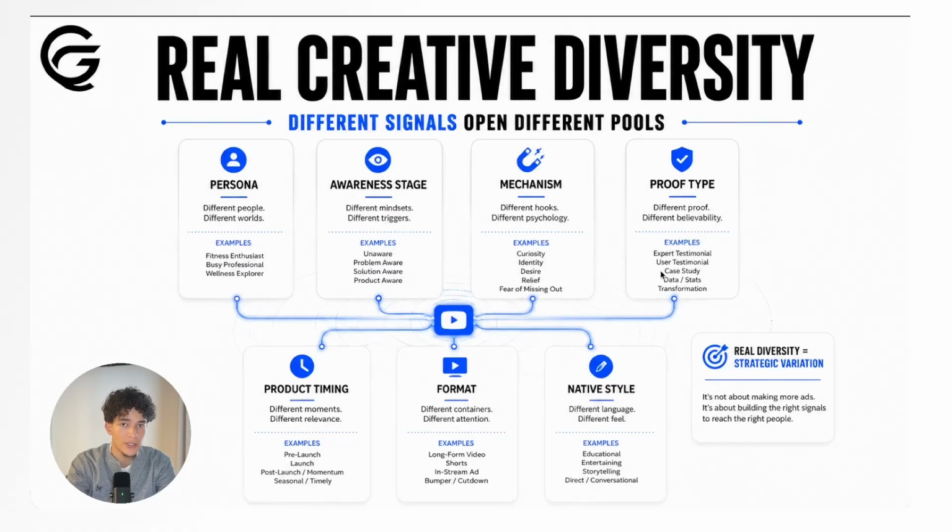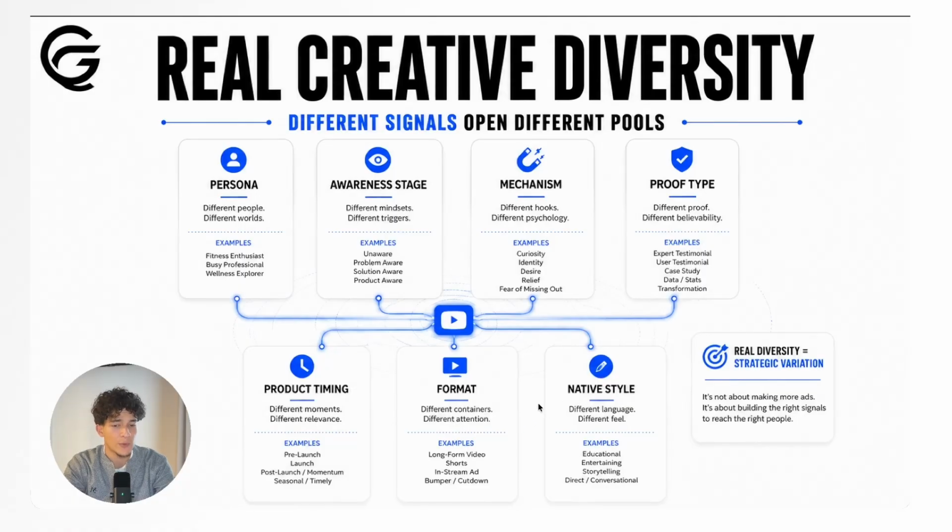For example, in one ad you got a relatable avatar, but in the next ad you try to make it with an authority, for example a doctor who talks about it. And then product timing, so combining this with events. The biggest example would be Q4 or maybe Easter or Valentine, and then combining this with a different format, for example static, so image ads, VSLs, or, I don't know, UGC content.